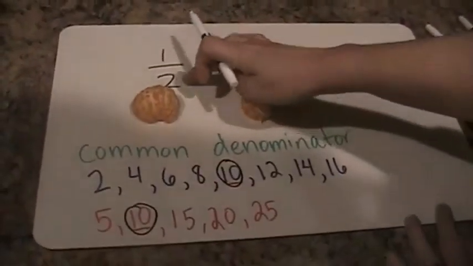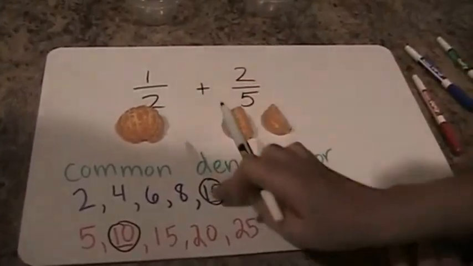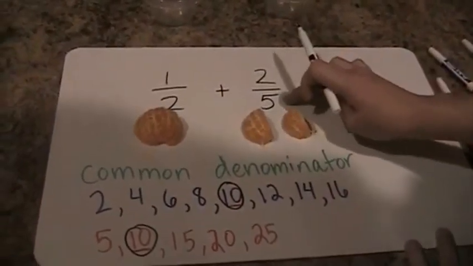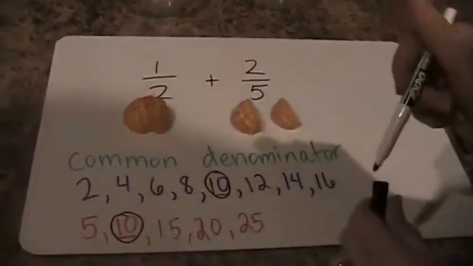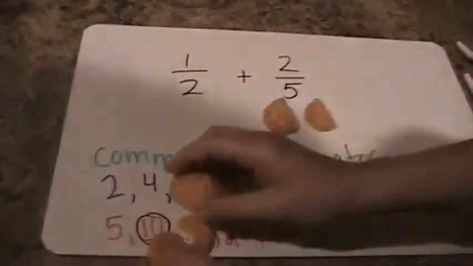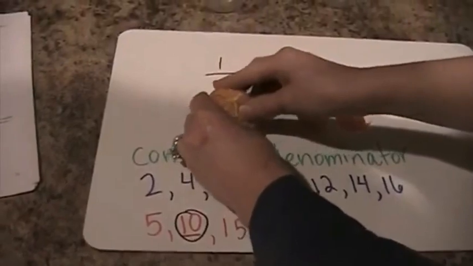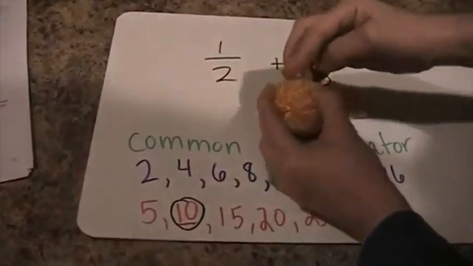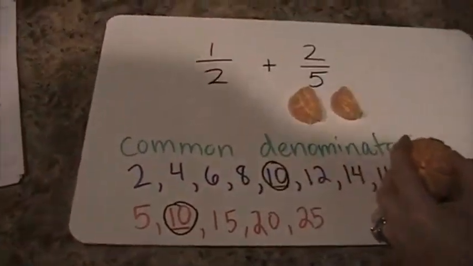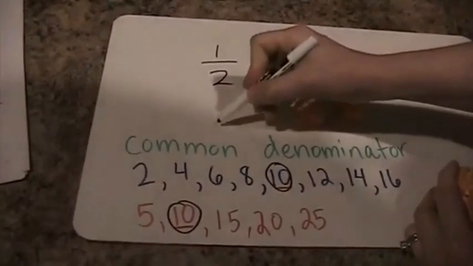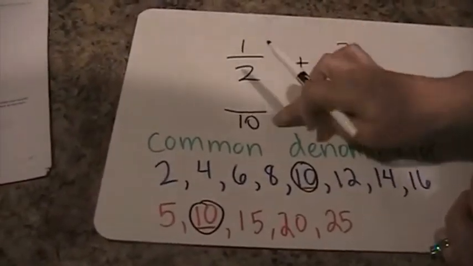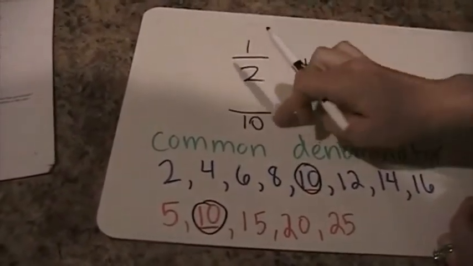So I can change 1/2 into tenths, and I can change 2/5 into tenths. I'm going to show you. So if I put this orange back together, all right, here's my whole orange again, right? And instead of splitting it into a half, I'm going to split it into tenths, okay? So I'm going to change my half into tenths.